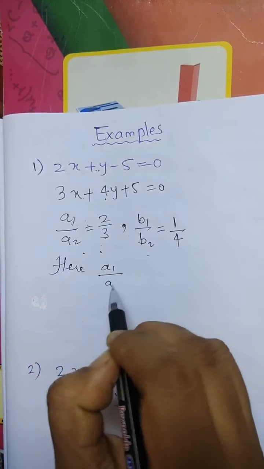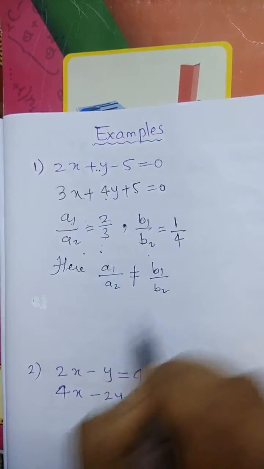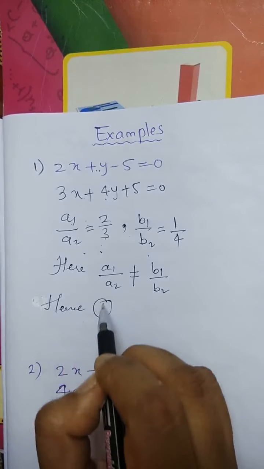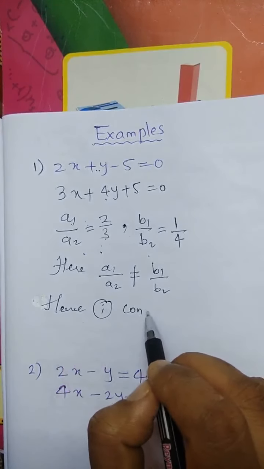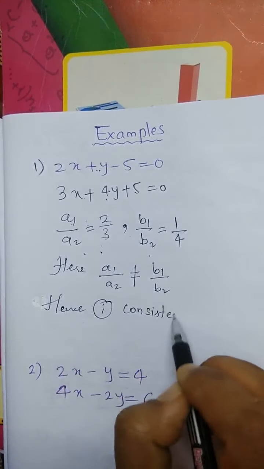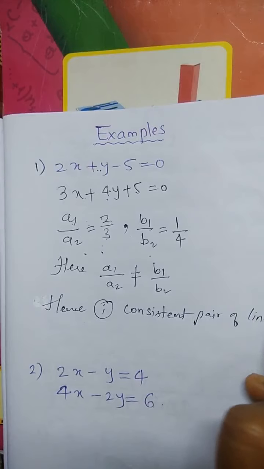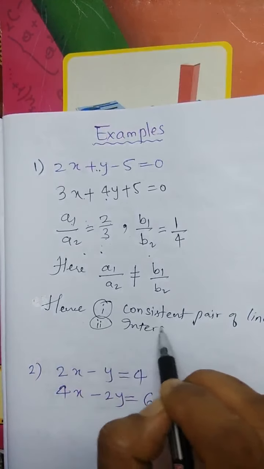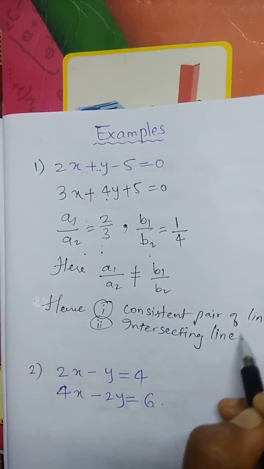So we observe that a1 upon a2 is not equal to b1 upon b2. Hence they are a consistent pair of lines, and they are intersecting lines.